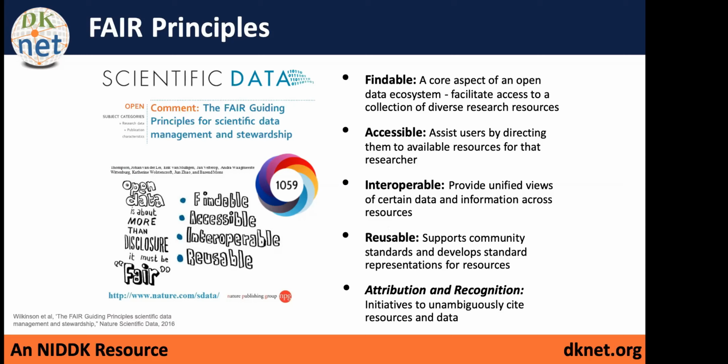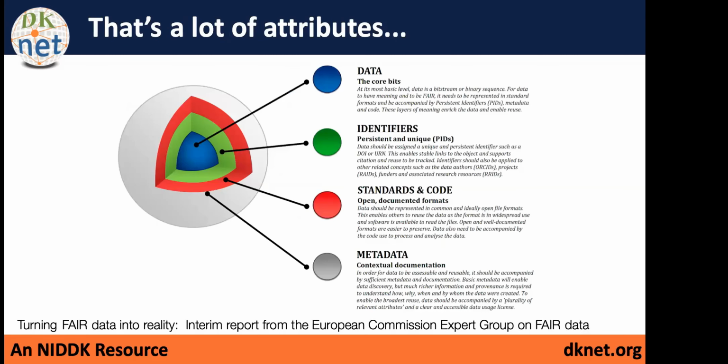So those are the types of things that we'll go through today. One of the things that came up with FAIR is that there are lots of different attributes to describe your data, right? So you have your data that is identified with persistent IDs.